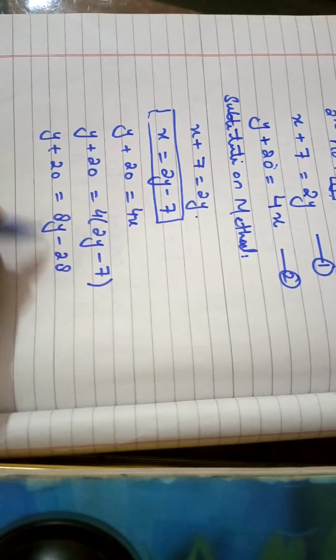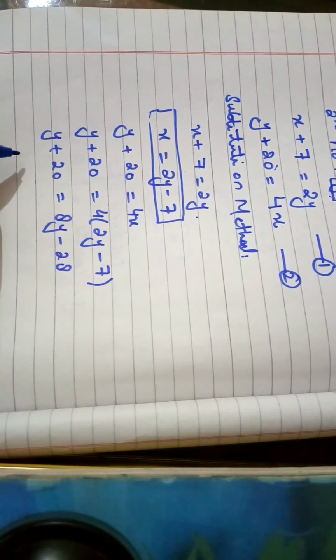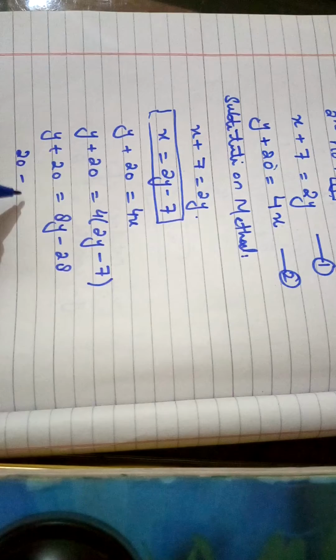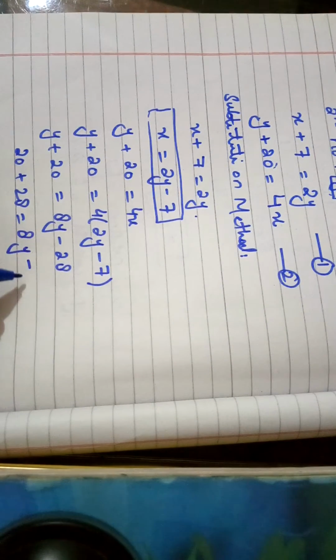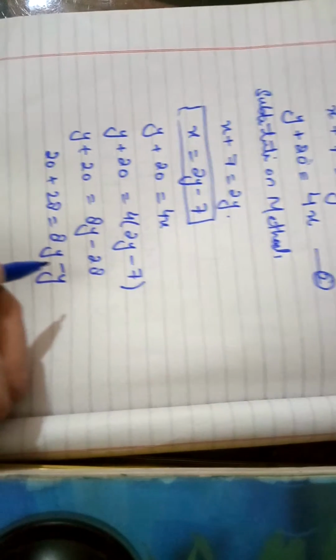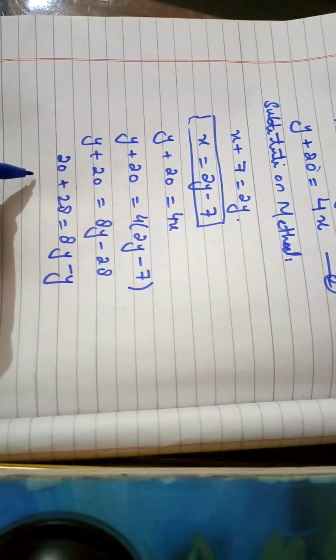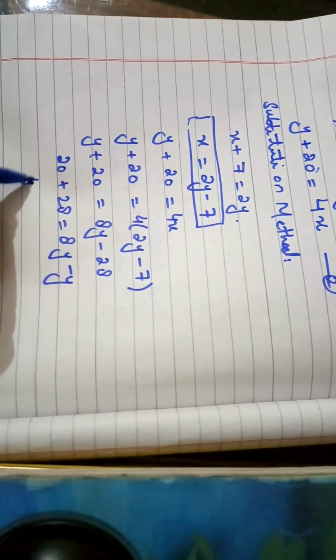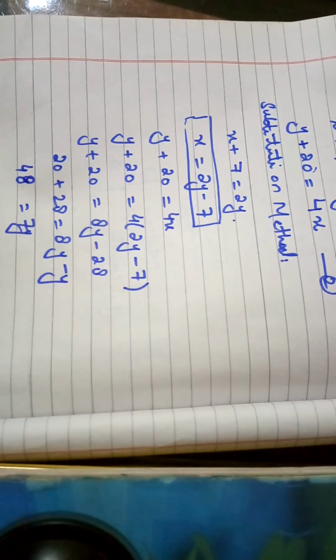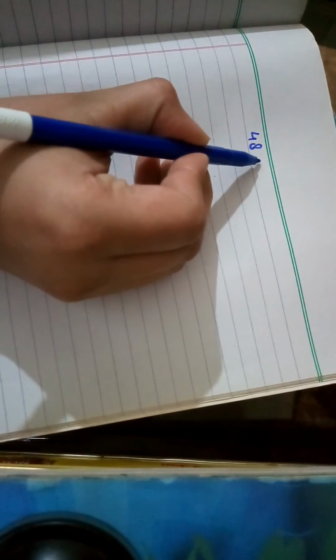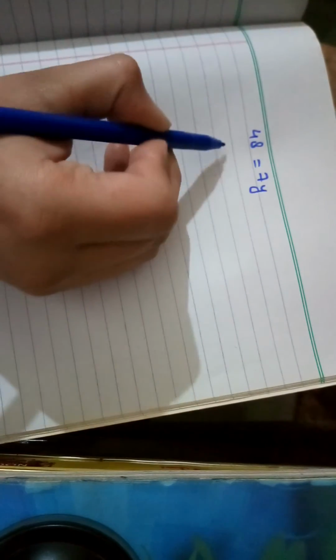Move the constant to one side and the variable to the other side. 20 plus 28 is equal to 8y minus y. Here 48 is equal to 7y.